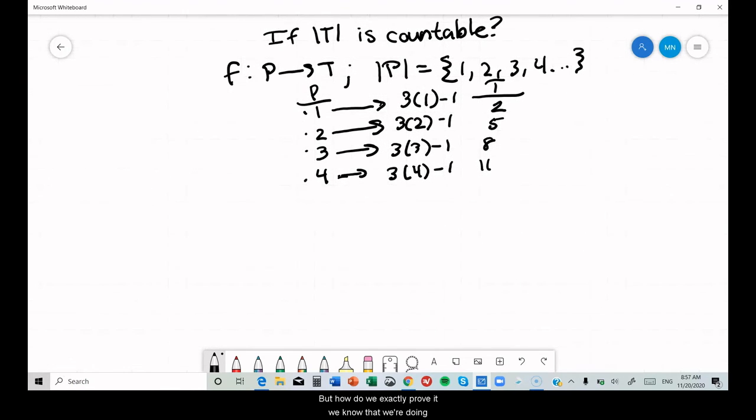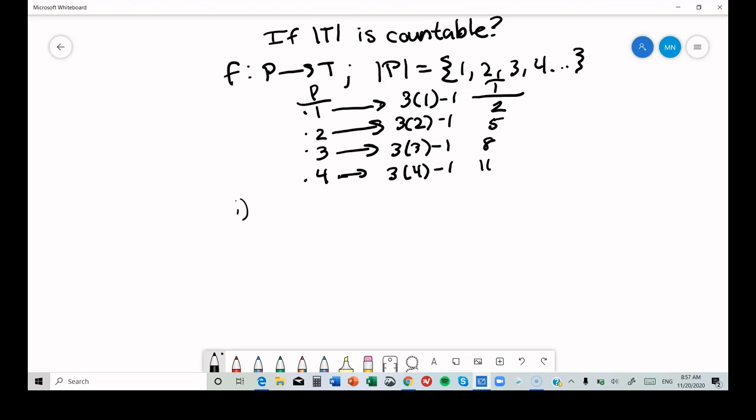But how do we exactly prove it? We know with the example here that with the function, it does map to it, but how do we prove it? So we just use the same rules for same cardinality.